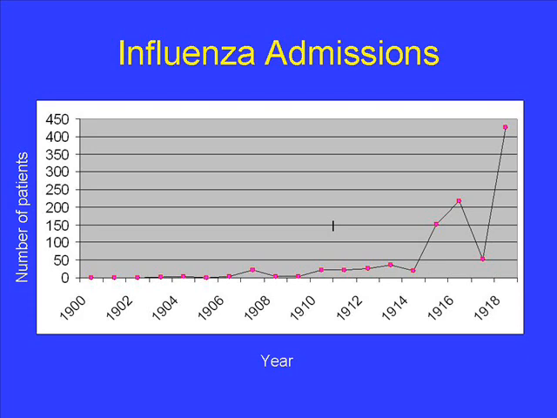However, in 1915, there was a surge of influenza admitted to hospital. In that period of time, although the number of patients admitted were becoming significant, in fact, there was no mortality.